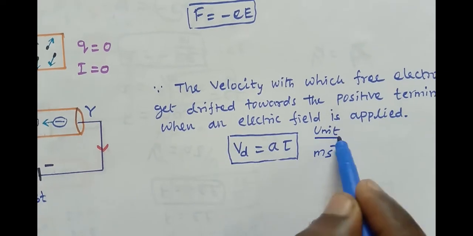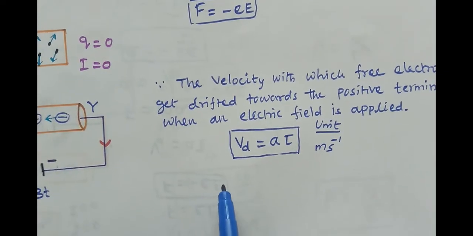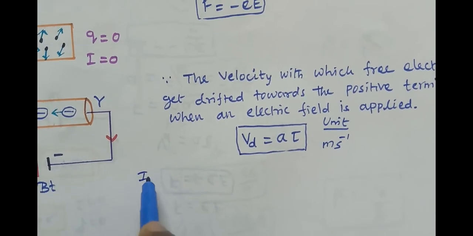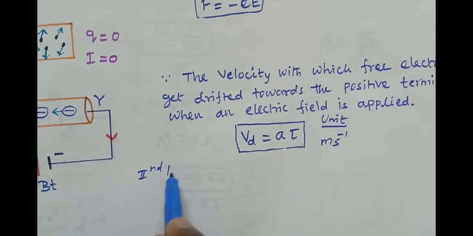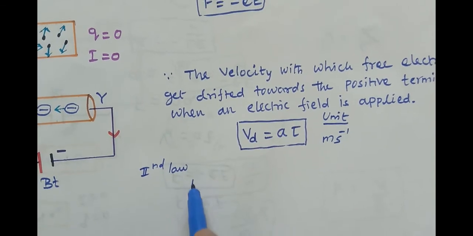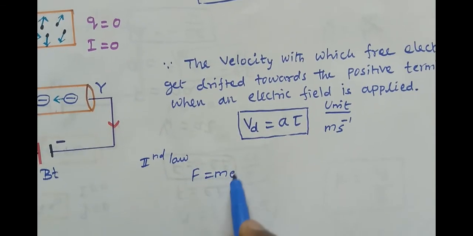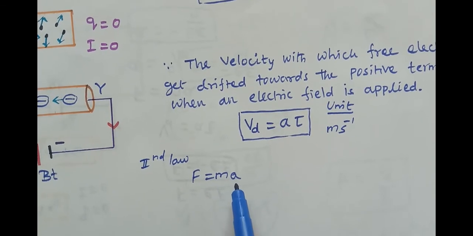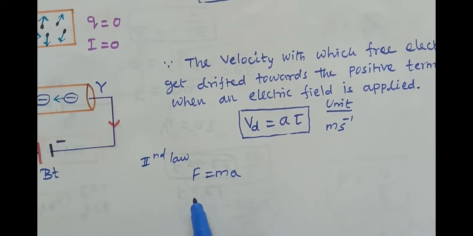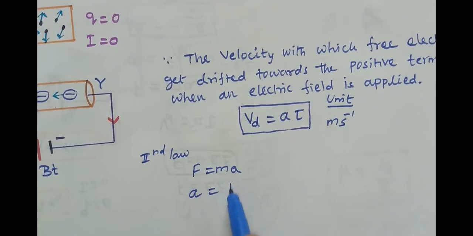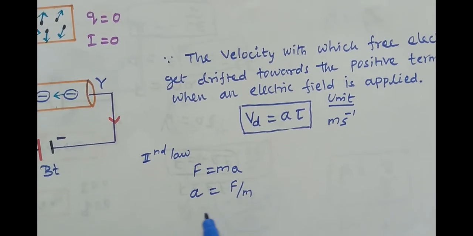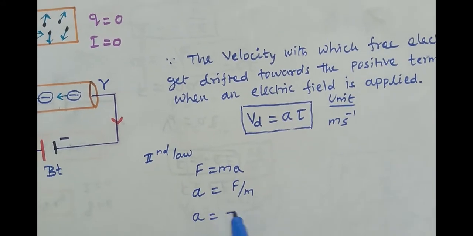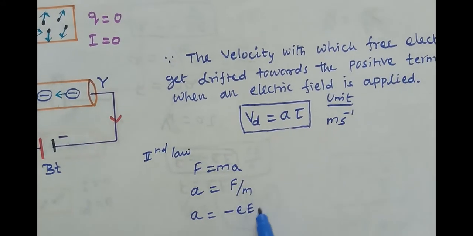Okay. Now, according to Newton's second law of motion, F is equal to ma. m is the mass of the electron, a is the acceleration of the electron. Now calculate the acceleration of the electron. a is equal to F divided by m. Now substitute the value of F. a is equal to minus eE divided by m.